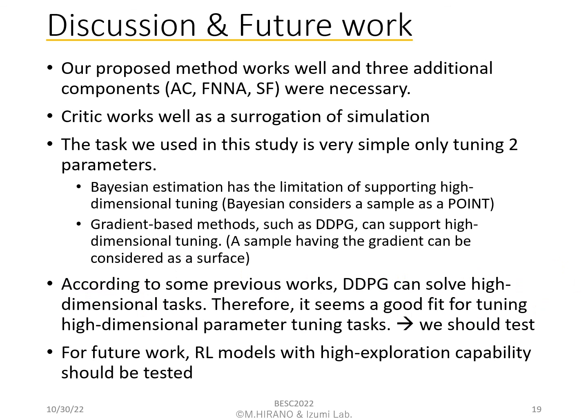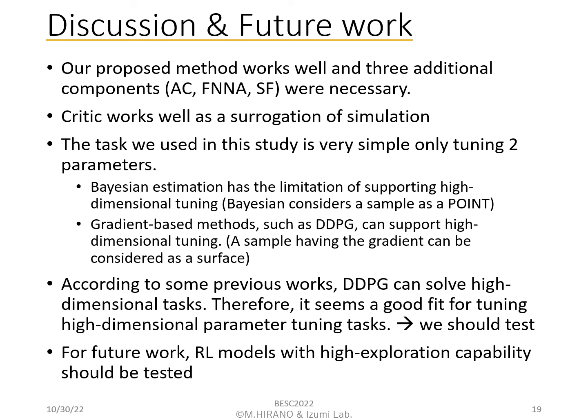Here is the discussion and future work. According to our results, our proposed method works well, and the three additional components, action converter, reliance for neural network actor, and seed fixer, were necessary, and the critic works well as a surrogate model of the simulation, as we assumed at first.